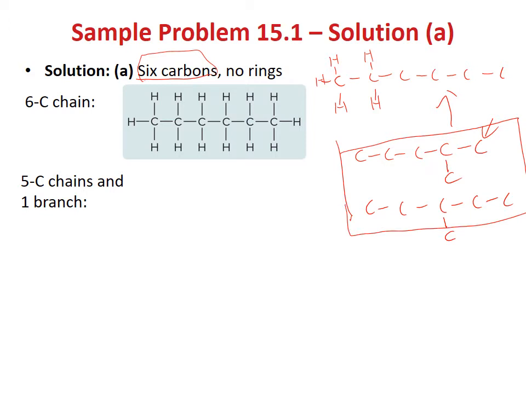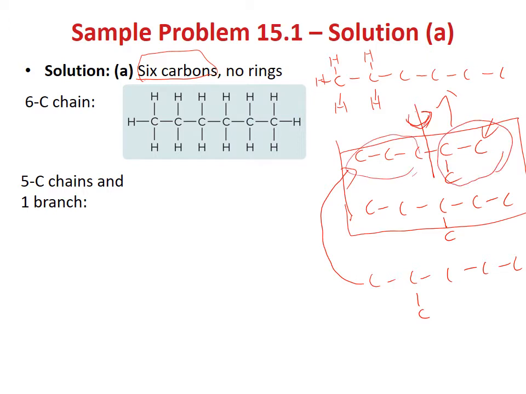Now you may ask, is there another place that we can add? Can we add here? Well, if you add here, the first one and this one are actually the same, because molecules can rotate, they can flip. If this is the axis, the molecule can rotate so that the right side goes to the left side, and the left side goes to the right side.